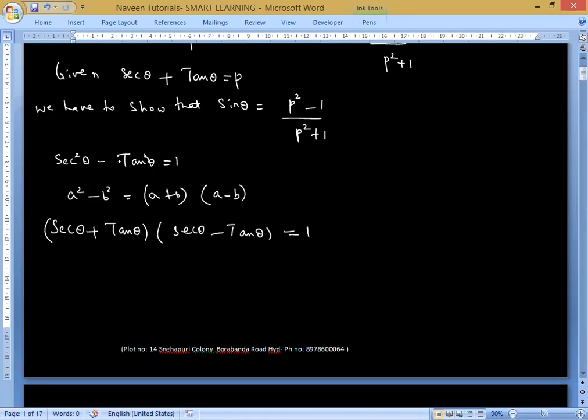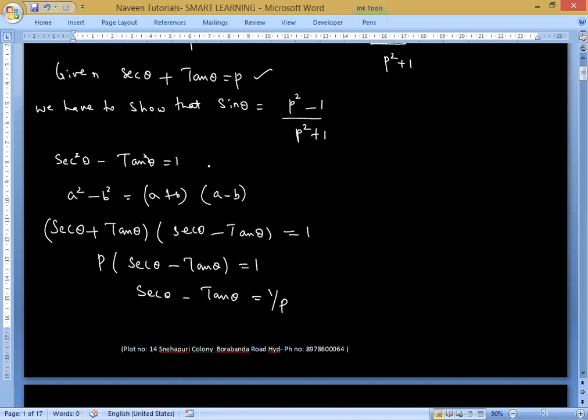Secant theta plus tan theta is nothing but P, so in the place of secant theta plus tan theta, I'll write P. Then P into (secant theta minus tan theta) is equal to 1, so secant theta minus tan theta is equal to 1 by P.